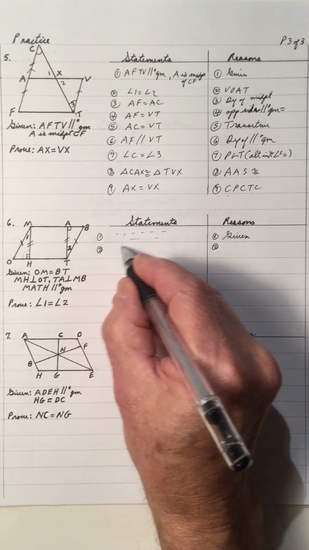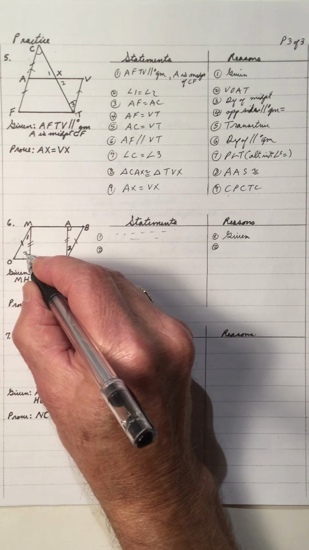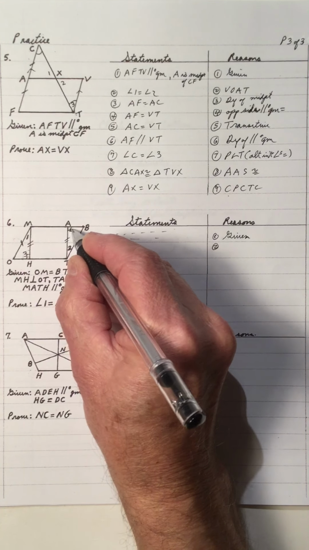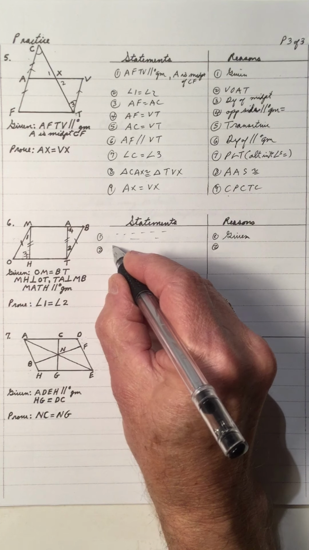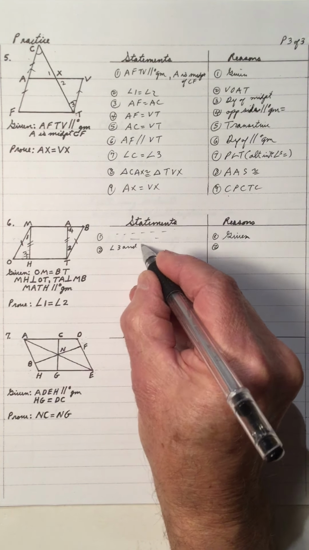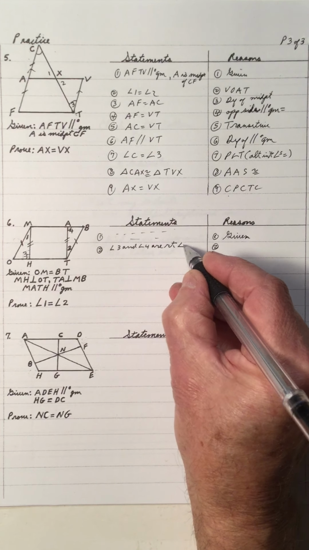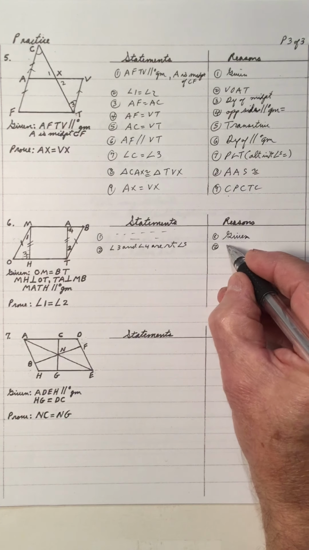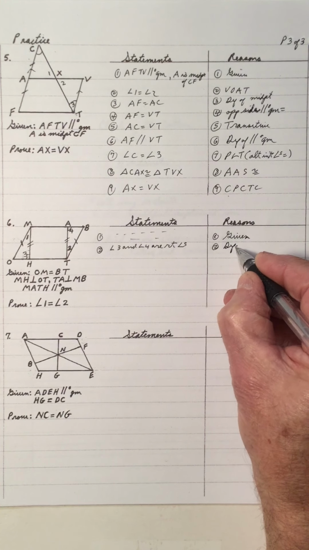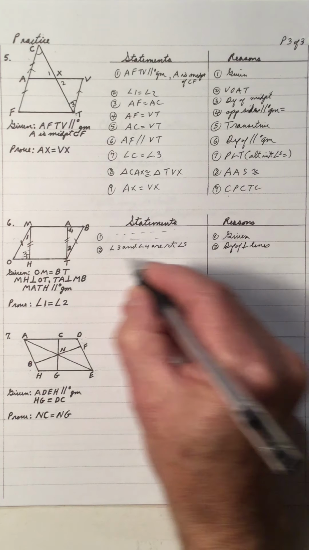So let's go with the given. So let's name this as angle 3 and angle 4. So let's say that they're perpendicular. So angle 3 and angle 4 are right angles. And that's the definition of perpendicular lines, because perpendicular lines form right angles.